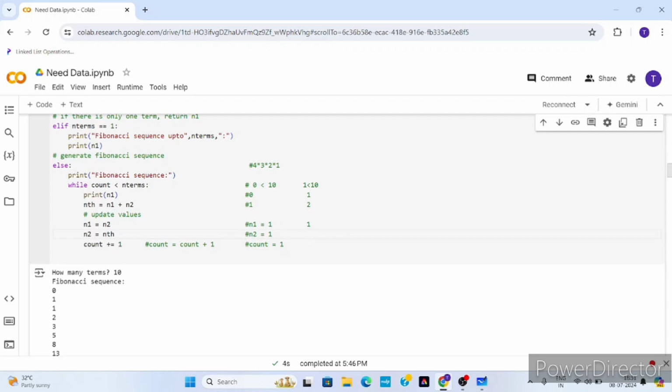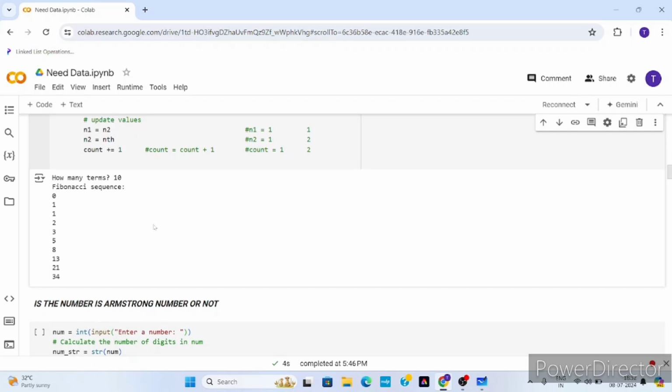And now our nth value will be 2, and our count will also be 2. Next, the iteration continues. 2 is less than 10, the condition will be true and the n value gets printed, and it continues like this until it reaches the 10th value.